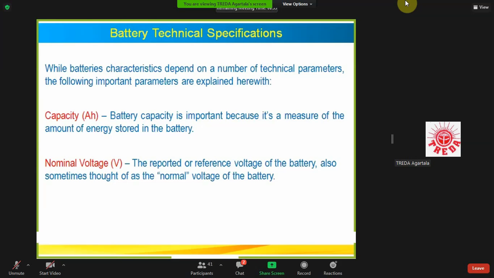If you need more voltage, then you have to make a series connection so that the voltage increases. And the capacity of the battery will depend on your requirement, because so many capacities of battery are available in the market, and it can be manufactured as per requirement.